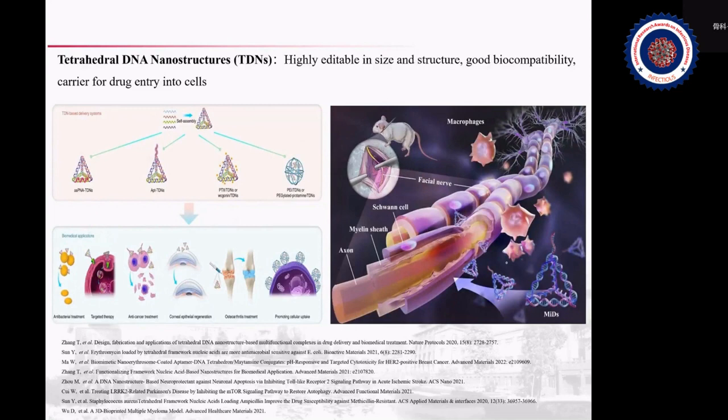Our research group has carried out in-depth study on TDNs in the early stage and confirmed that TDN has anti-inflammatory and antioxidant properties, can promote the proliferation and differentiation of animal cells, and its unique nanostructure makes it an efficient carrier for drug entry into cells. It has shown unique advantages in targeted therapy, anti-tumor, coronary regeneration, and osteoarthritis treatment, and many other aspects.